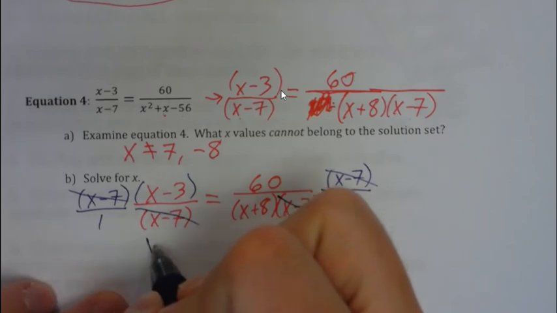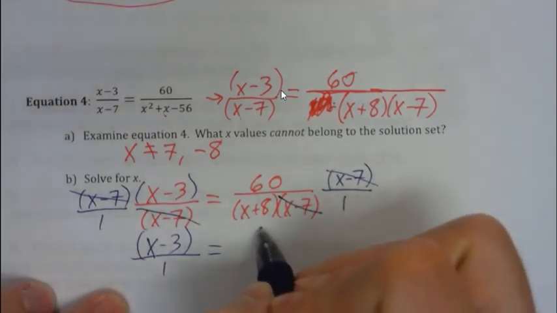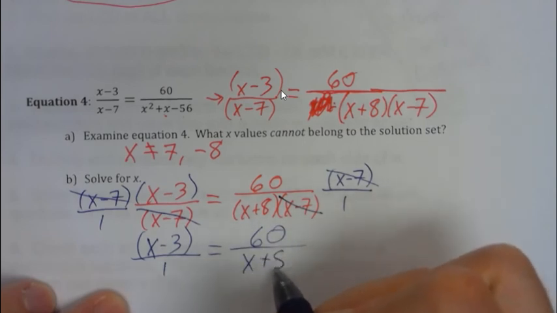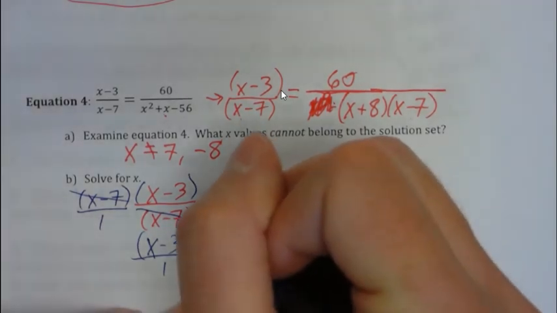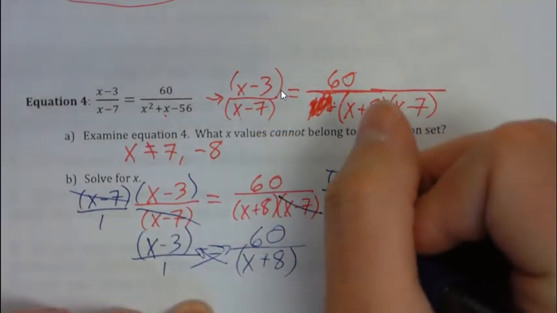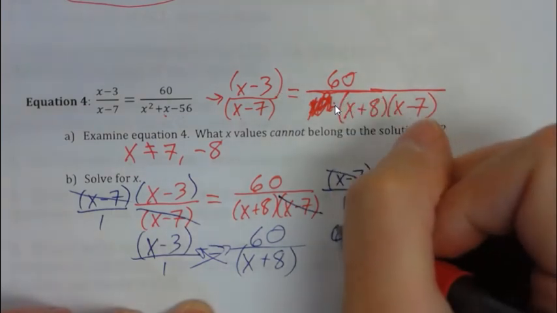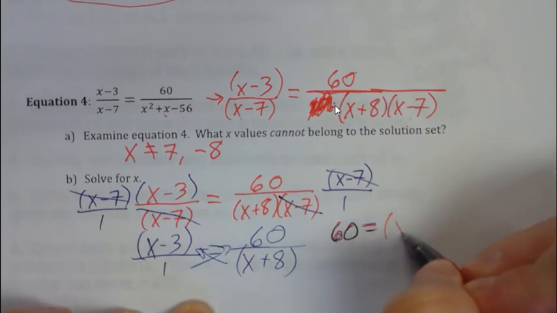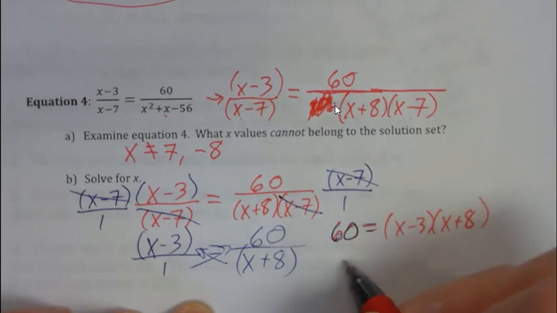So that means we have x minus 3 on the left side over 1, and then 60 over x plus 8. So now we're going to cross multiply. You have the two parentheses times each other, and then just 60 times 1. So we really just have 60 is equal to x minus 3 times x plus 8.